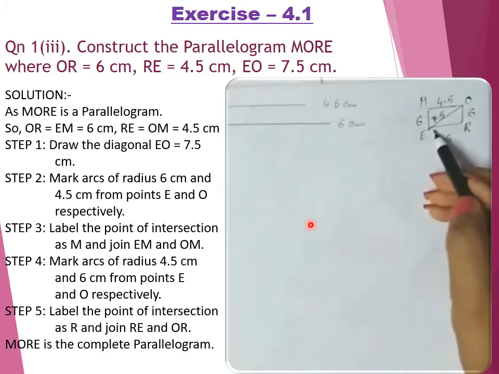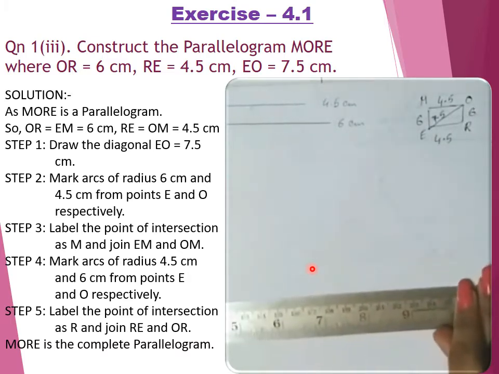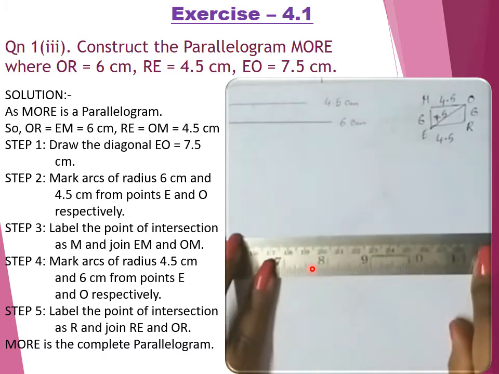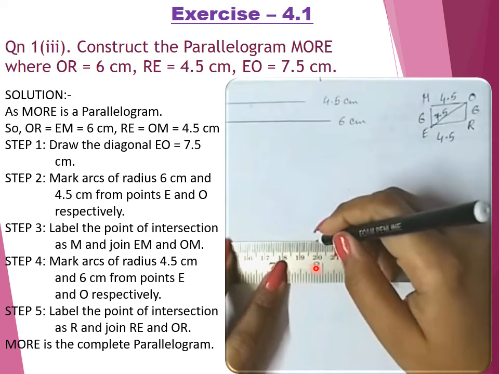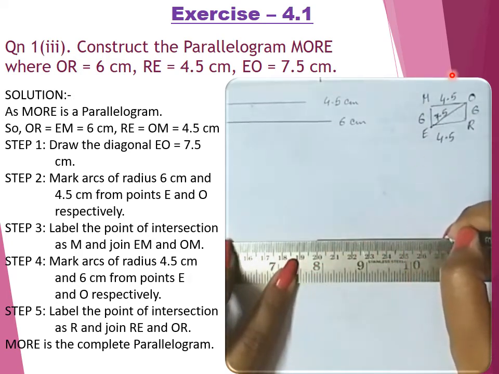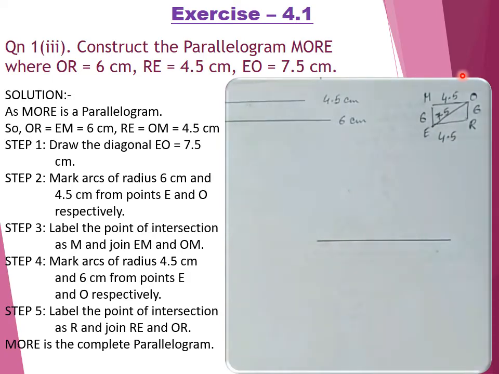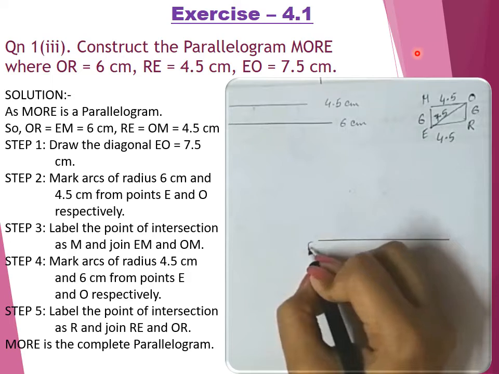So let us start by constructing the diagonal EO, which is of length 7.5 centimeters. So we'll take a length of 7.5 centimeters, which is quite big, and now we will mark it as EO.